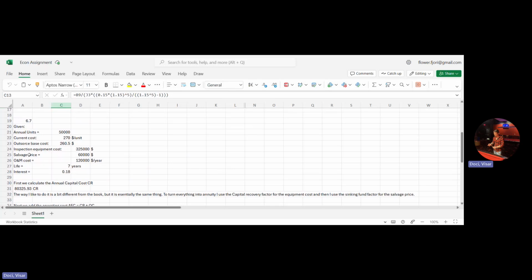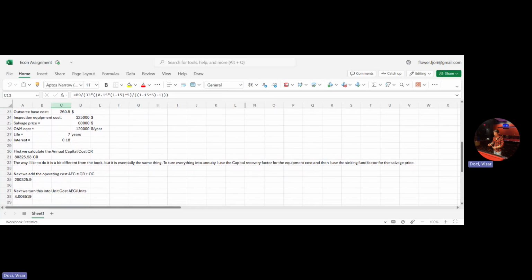And if we go with outsourcing, we have to get the inspection equipment, which costs $325,000. The salvage price for that comes out to $60,000 at the end of the 7 years of its life, and the operating and maintenance costs are $120,000 per year, with an interest rate of 18%.